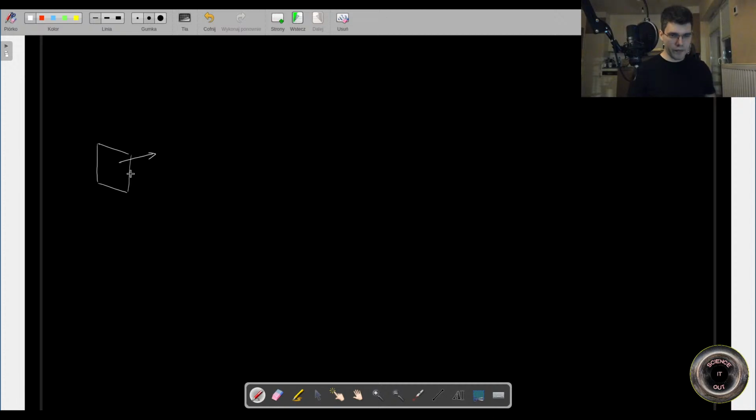Then this direction is split into 2 angles, the azimuth and the elevation angle. The elevation angle is the angle to the horizontal plane. We have some horizontal plane, and the ray makes some angle with that plane, so that's the elevation angle. The other angle is azimuth: let's say somewhere here is north, then this angle is the azimuth of this ray.